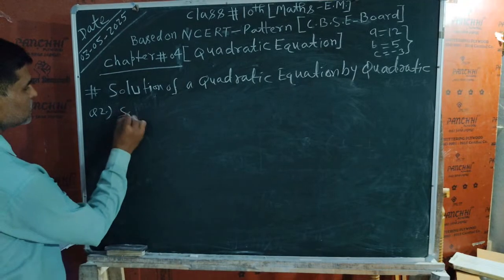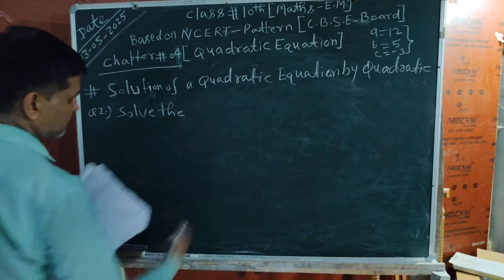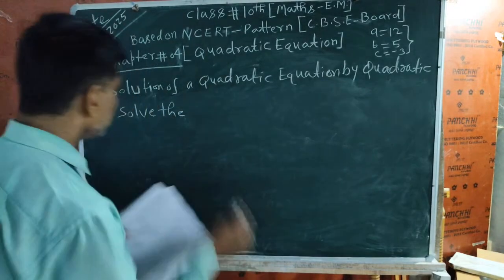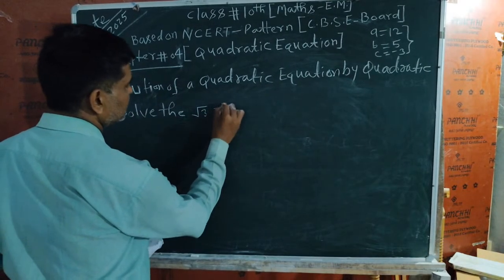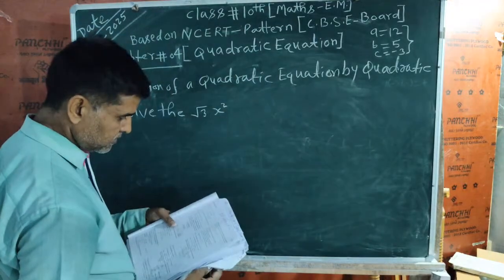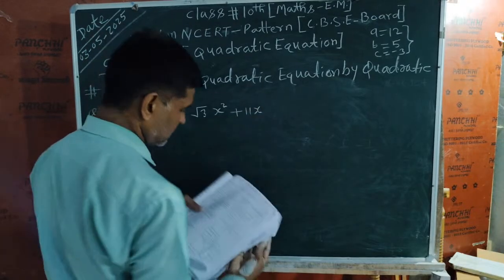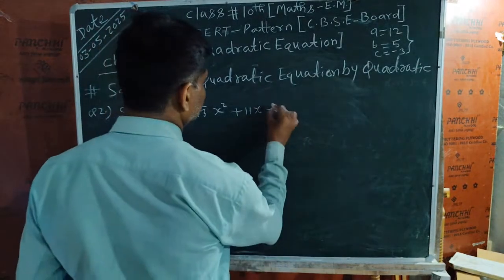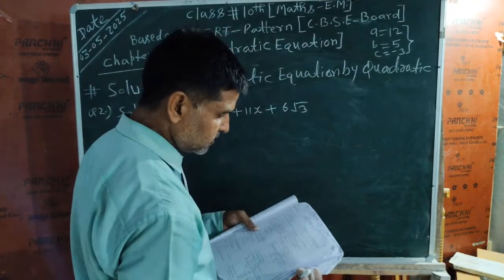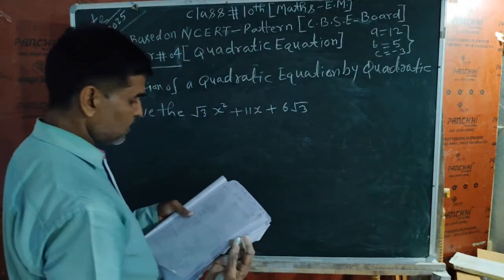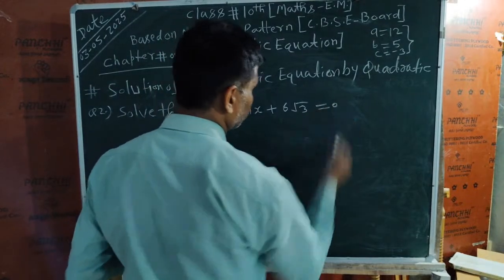Solve the quadratic equation √3 x square plus 11x plus 6 √3, which is equal to 0.